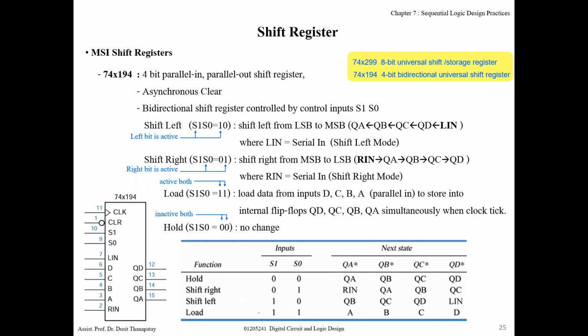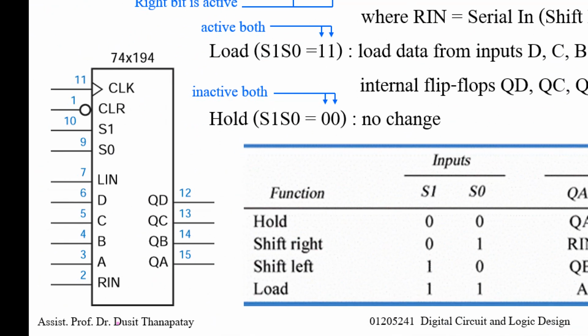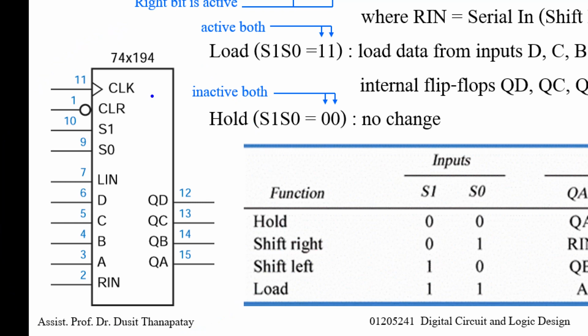Before continuing the example, let me have you remember this. It's pretty easy. Based on this layout of the IC, the mode is based on the value of S1, S0. If S1, S0 is 0, then when the clock ticks, nothing changes. S1 not active, S0 not active, nothing changes.